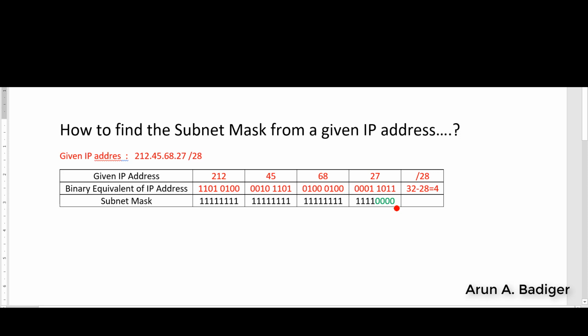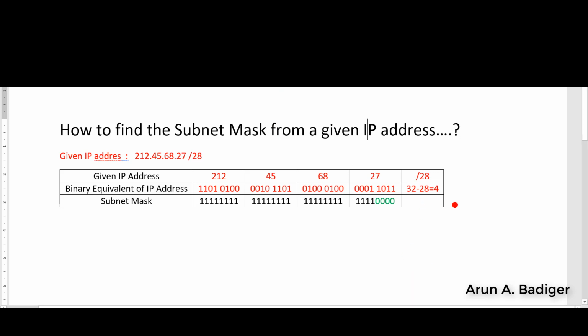That means the mask indicates that the ones up to 28 bits are the network address, and only 4 bits are the host address. So the mask indicates the same thing. The network address will be ANDed with 1, whereas the host will be ANDed with 0. When I do an AND operation of the binary equivalent of the IP address with this subnet mask, I will get a subnet IP address. When I do the AND operation, I will write the result now.